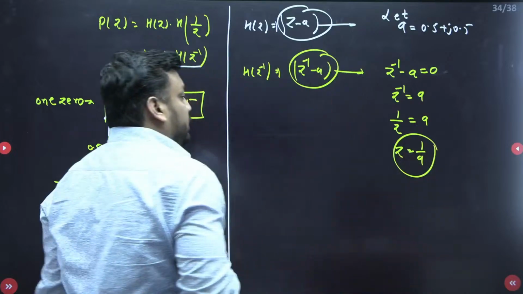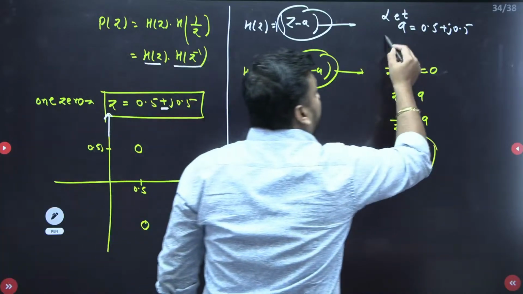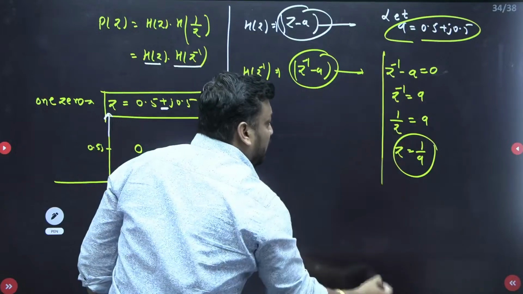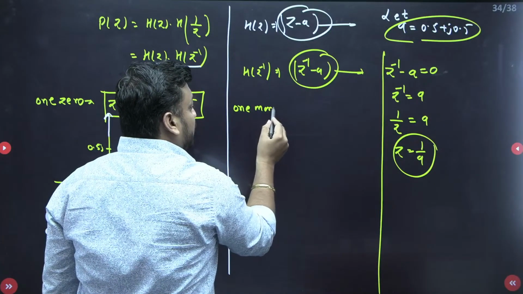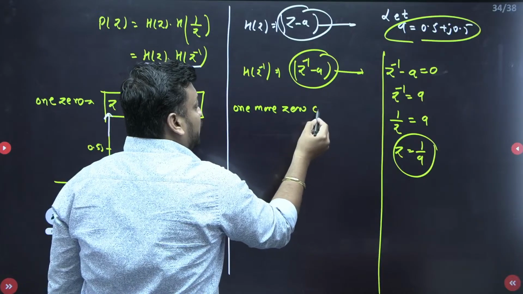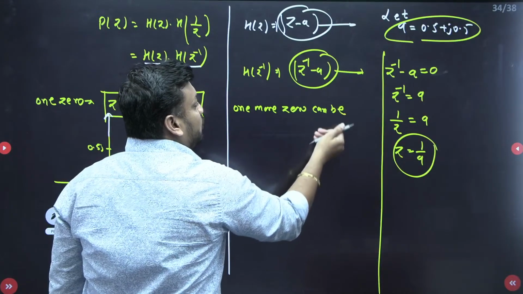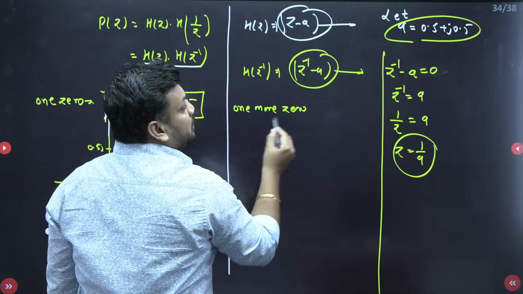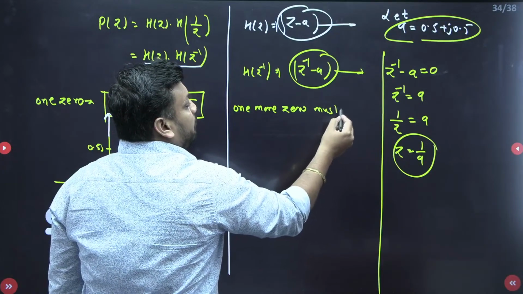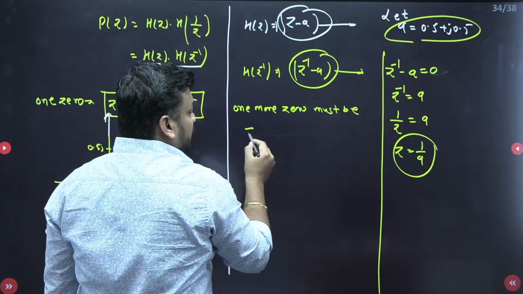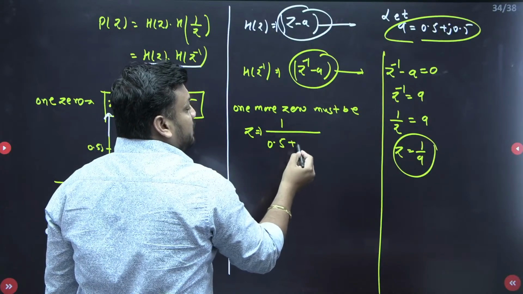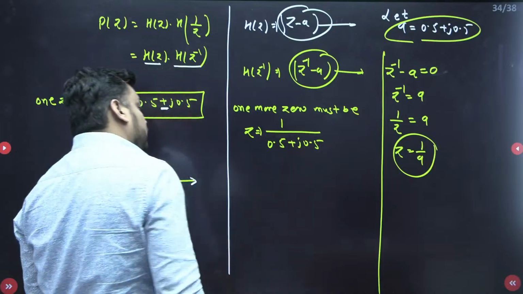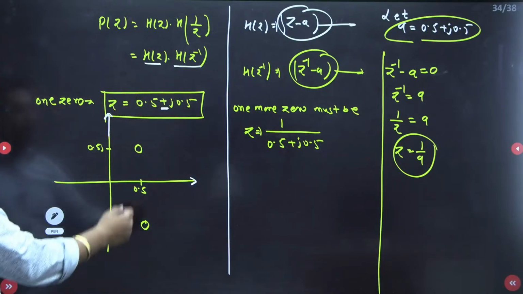It means a value is 0.5 plus j 0.5, then one more zero must be z equal to 1 by a. It means 1 upon 0.5 plus j 0.5. So already 2 zeros covered.